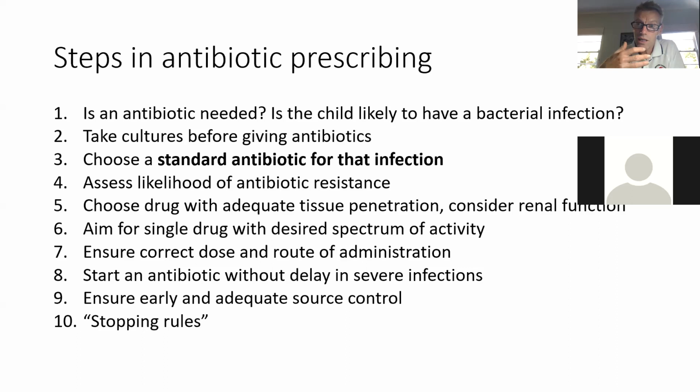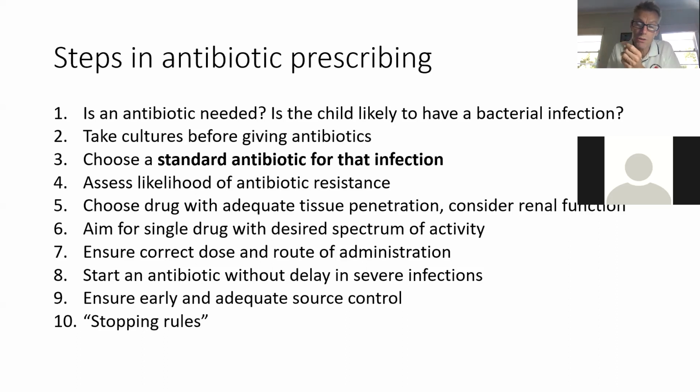You should choose a standard antibiotic for that infection. We have standard treatment from the standard treatment manual, and the World Health Organization has standard treatment for various infections. So you should always choose or start with a standard treatment, but then you should assess the likelihood that the child could have an antibiotic resistant infection.